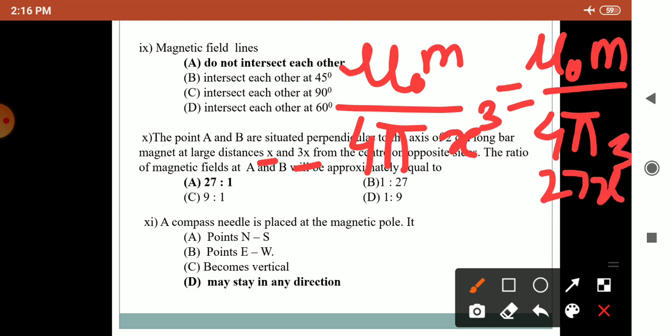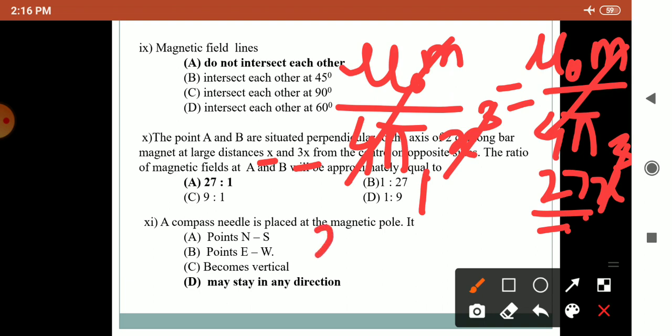By comparing this, everything cancels, and x also gets cancelled. Here it is 1, here it is 27, but this 27 is in the denominator, so the ratio of magnetic field at A to B becomes 27 to 1. So this will be answer A.